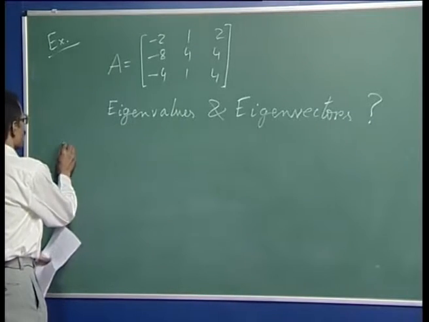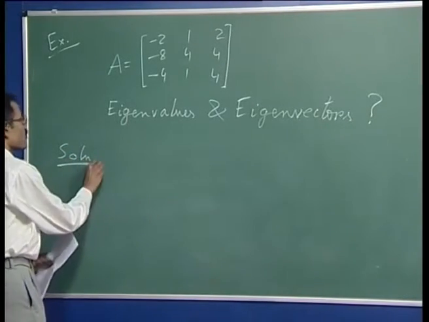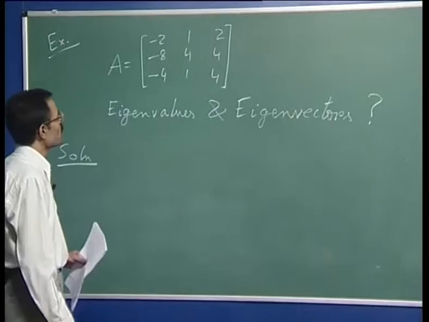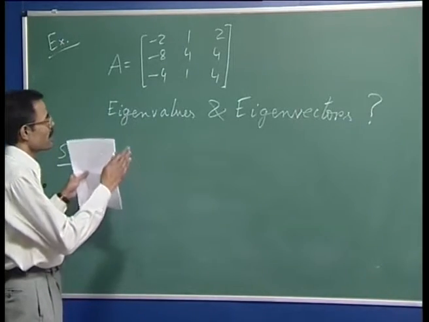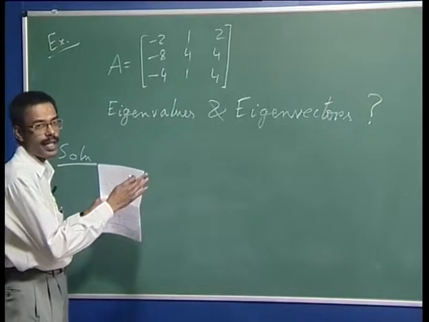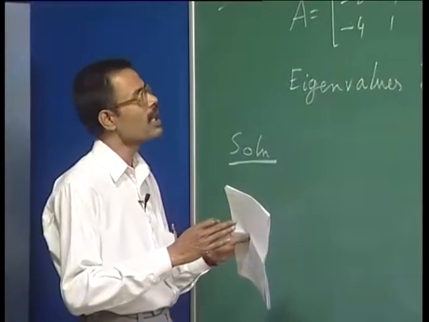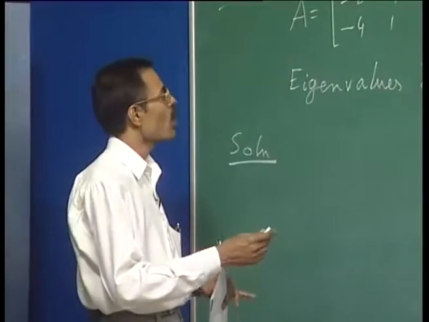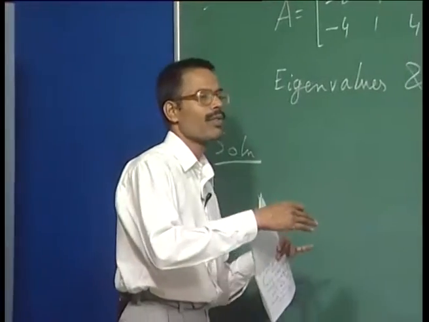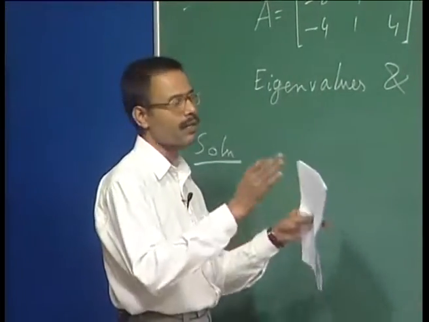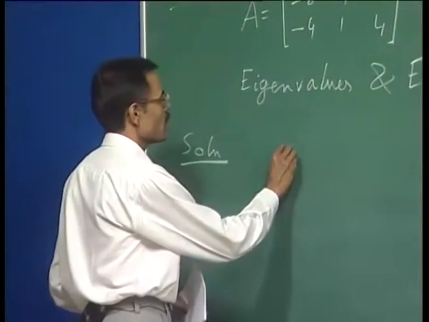So, first what we should do? We should find out the matrix lambda I minus A and set that equal to 0 to get the characteristic equation and then find its solutions, or you can say that we find the characteristic polynomial and try to find its roots, right.